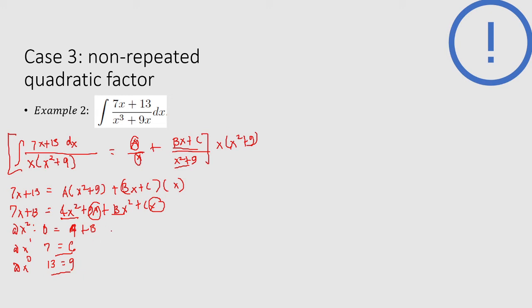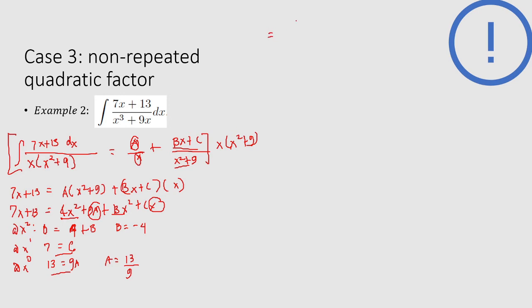So dito we have B is equal to negative 4, dito, it's A is equal to 13 over 9. Tama ba? Yes, that's correct. So, we are going to rewrite that one. Very happy because it's easier.